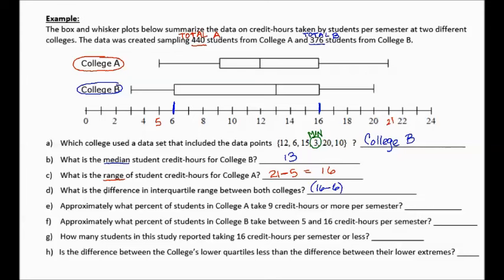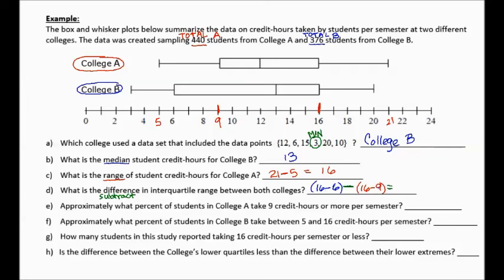And then they're asking me for the difference, which we need to remember that difference means subtract. So the interquartile range for College B, I'm going to be subtracting the interquartile range for College A, which would be this value here, 16 minus, other end of the box here, 9. So that I write in parentheses here, 16 minus 9.